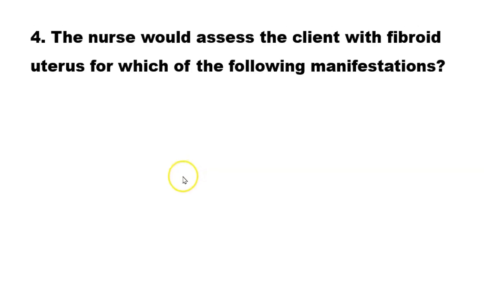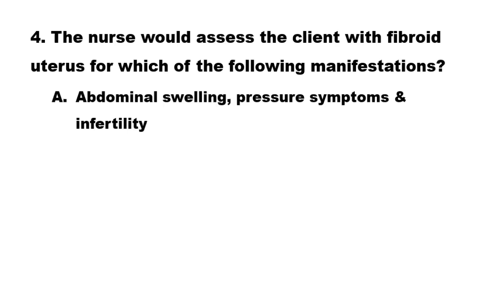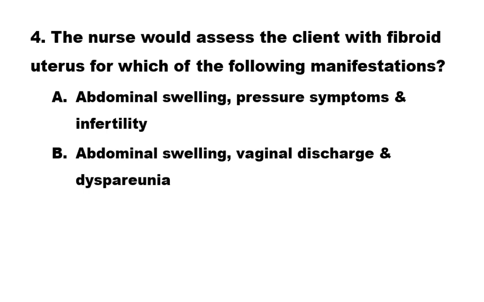The next question. The nurse would assess the client with fibroid uterus for which of the following manifestations? A. Abdominal swelling, pressure symptoms, and infertility. B. Abdominal swelling, vaginal discharge, and dyspareunia.